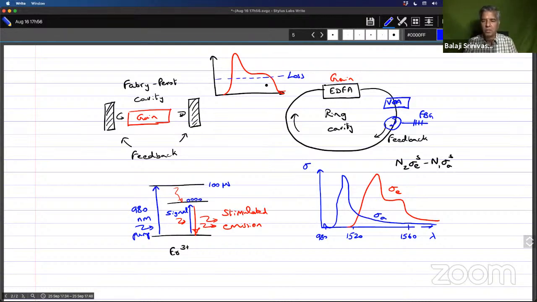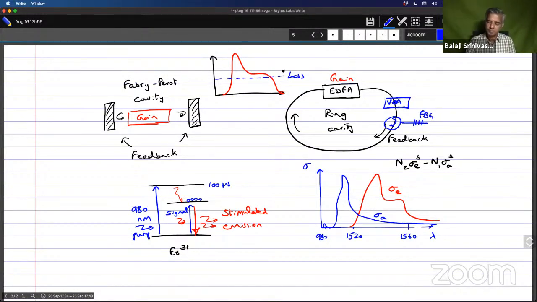It actually depends on the saturation of the gain medium. Higher gain also means more photons building up in the cavity at that wavelength, and as an effect of that, there is more saturation of the gain. So finally, where the gain meets the loss is where the oscillation is.